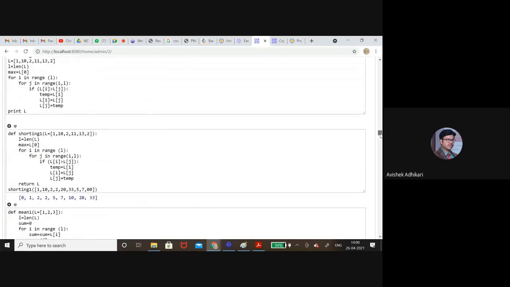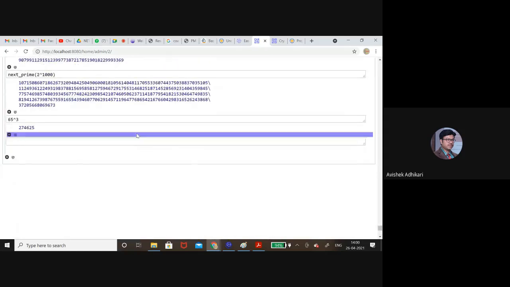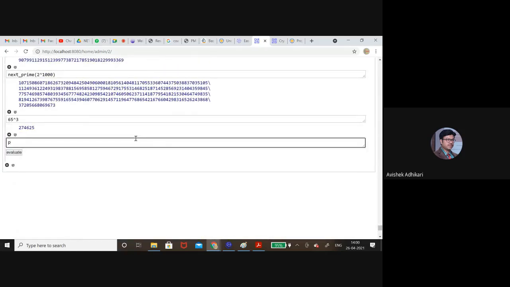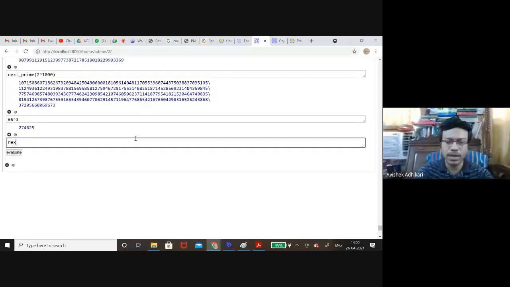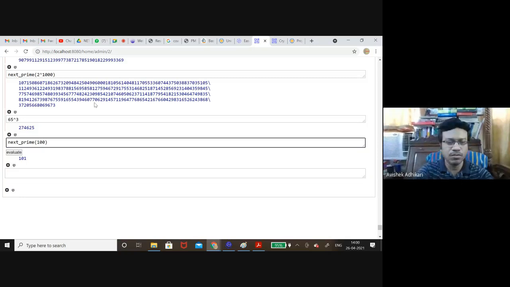For example, suppose I want to find the next prime. It will give me the output as the next prime of, say, 100. So suddenly it's 101. You may think that 100 is too small, so why not make it 2 to the power 100?